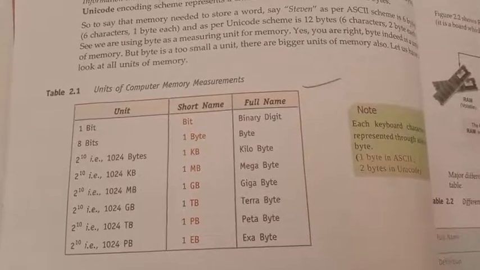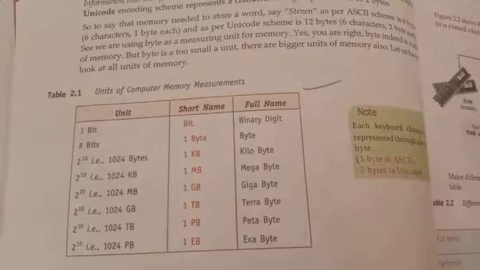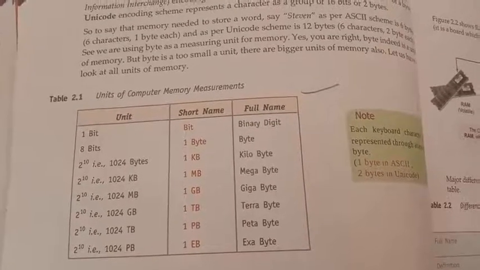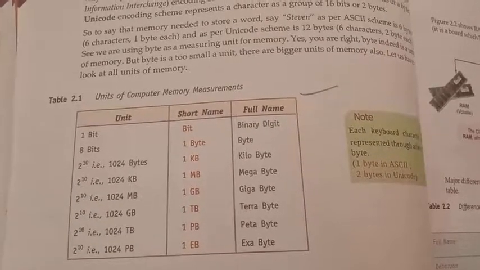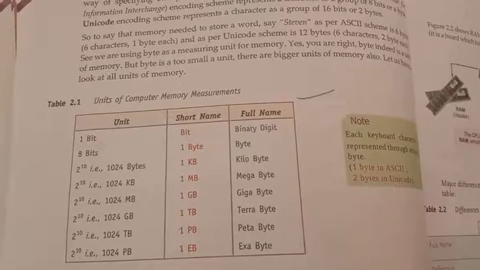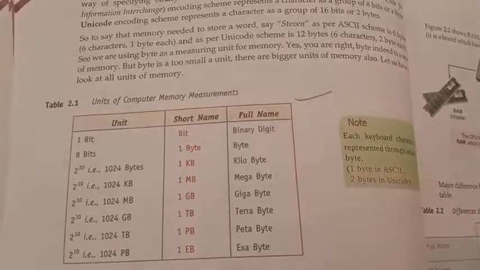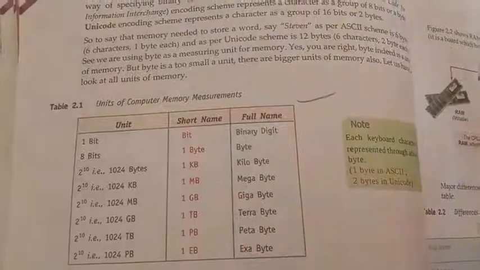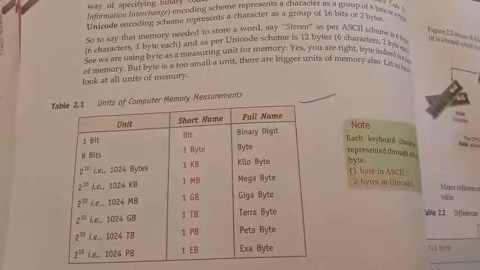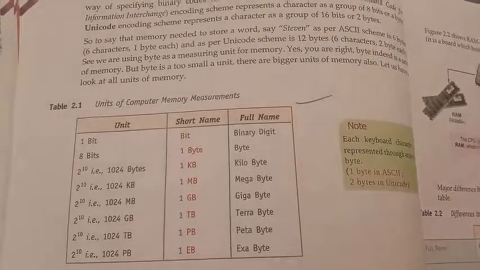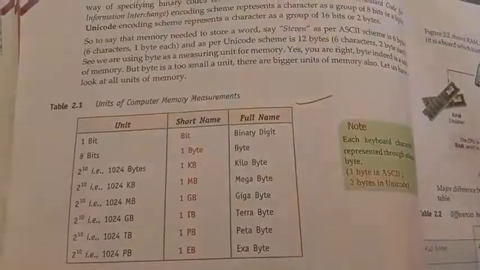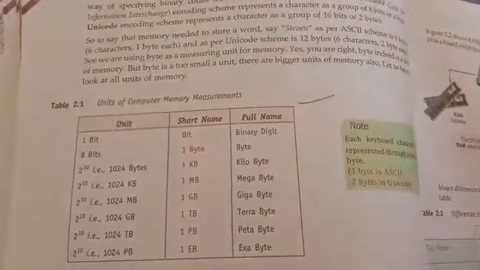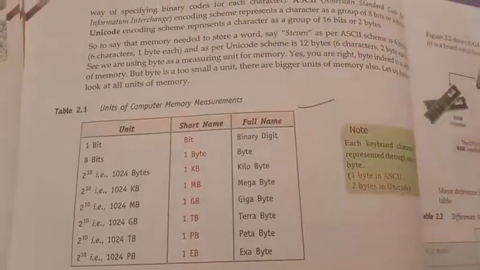Next, 1024 MB is called 1 GB, gigabyte. Then 1024 GB is called 1 TB, terabyte. Then 1024 TB is called 1 PB, petabyte. Then 1024 petabytes is called 1 exabyte, EB. These are the units of memory measurement. You need to study this.